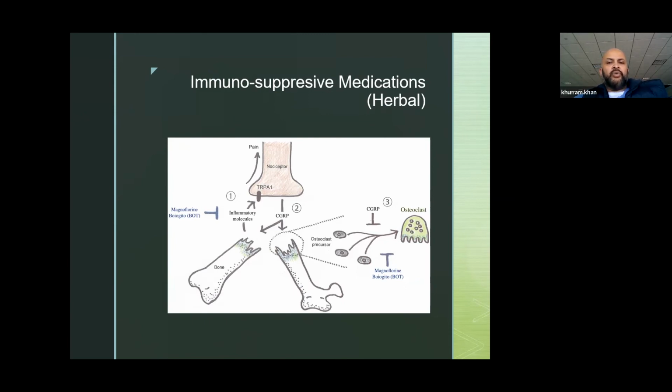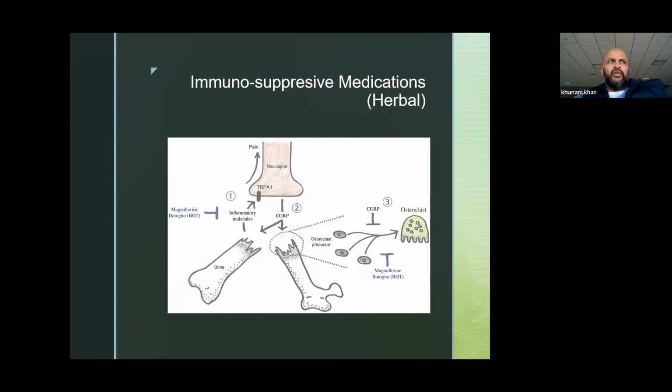But in addition to these known medications, which may or may not be utilized, the herbal medications from Japan have been used, called Kampo or magnoflorine or Boiogito. Those are being used in Japan right now.